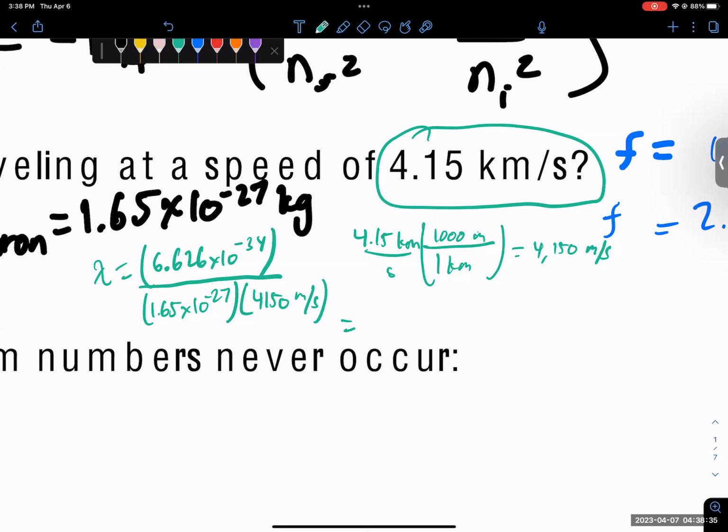If you plug all that in, you should get a nice answer of 9.6868 times 10 to the negative 11. And what are our units for this answer? So 9.68 times 10 to the negative 11 chickens. That's the units.